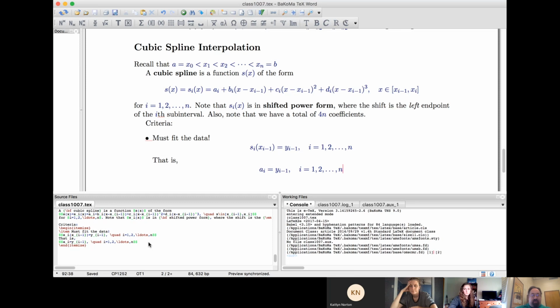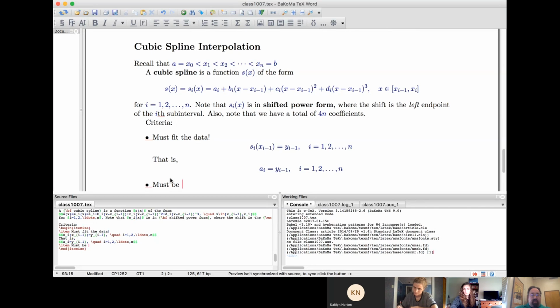All right, then I need to move to the next criterion, that it has to be continuous. Now here, I've substituted the left endpoint into each piece.